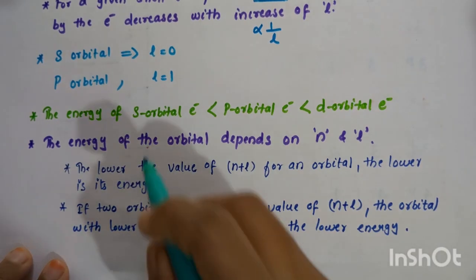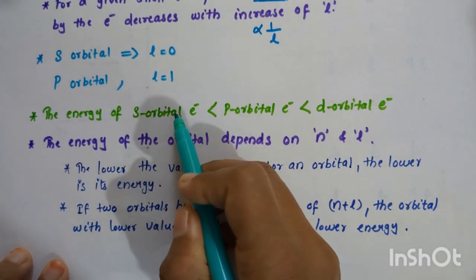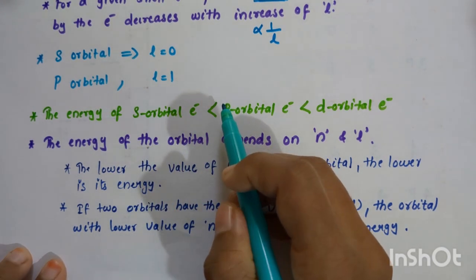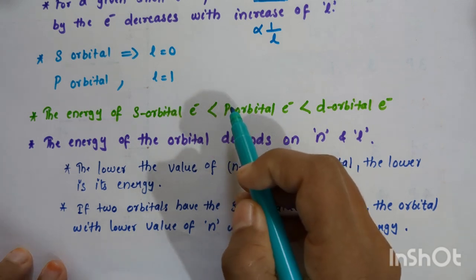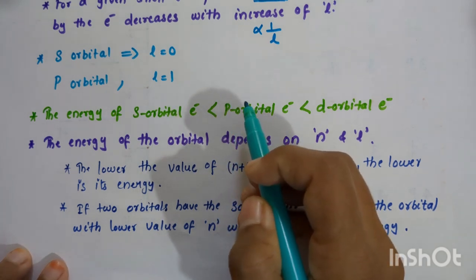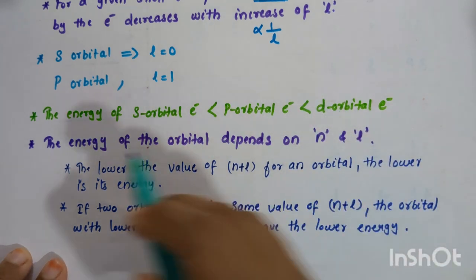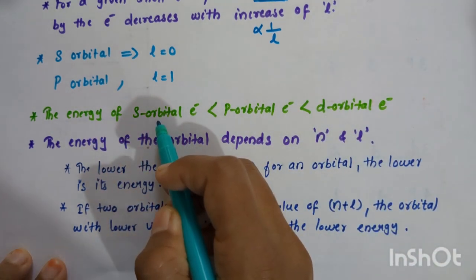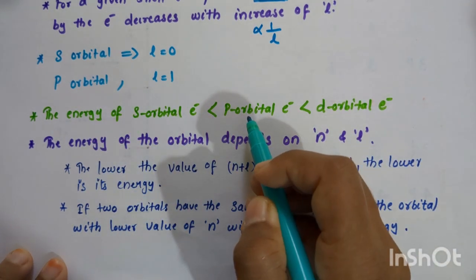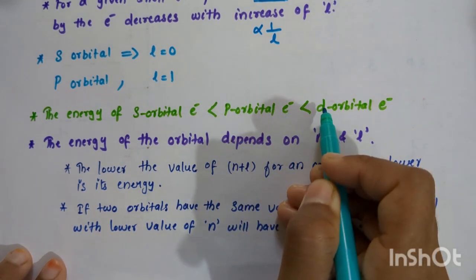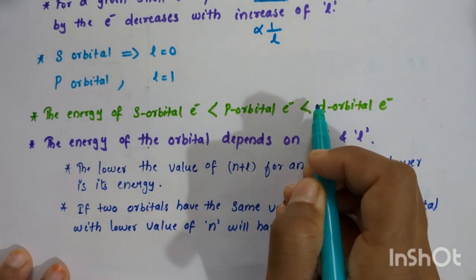See, the energy of electrons in the s orbital will be lower or more negative than that of the p orbital electron, and the p orbital electron will have less energy than that of the d orbital electron. The energy of s orbital electron will be less than that of the p orbital electron. The energy of the p orbital electron will be less than that of the d orbital electron.